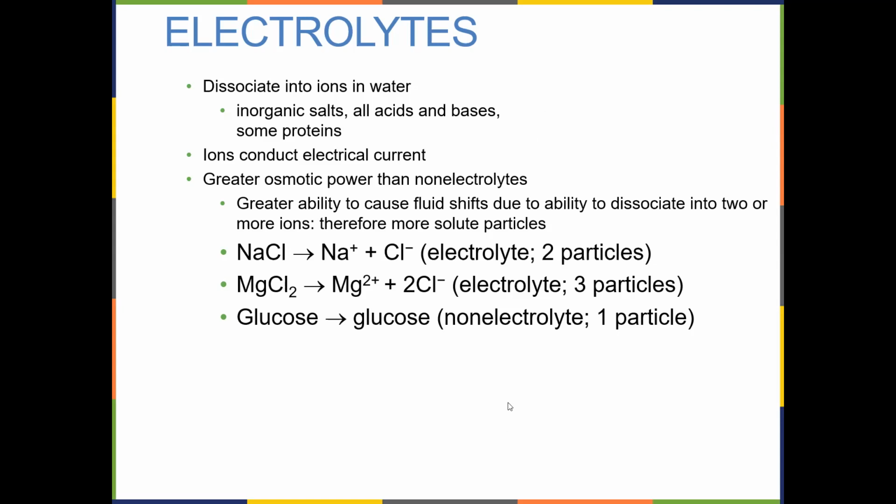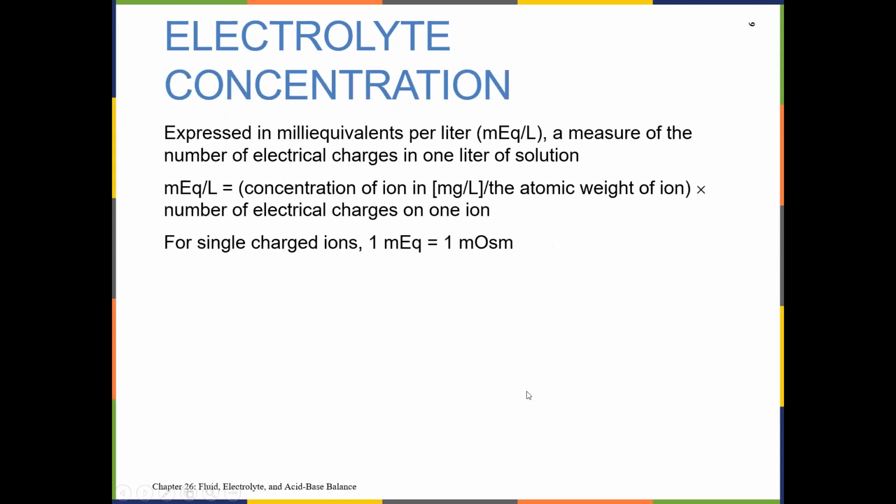Now let's move on here and talk about how we measure electrolytes in solution. Well, the correct term is milliequivalents per liter. It's a measure of the number of electrical charges that we see in a liter of solution.